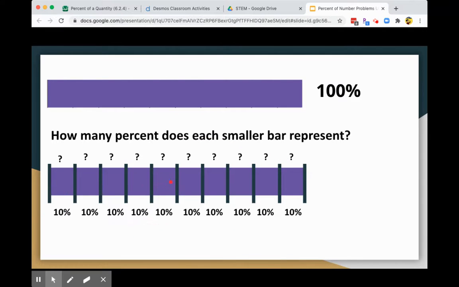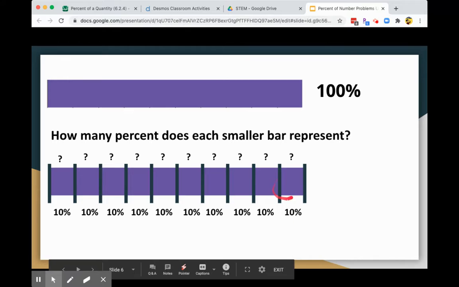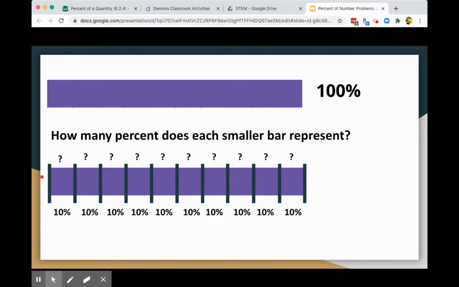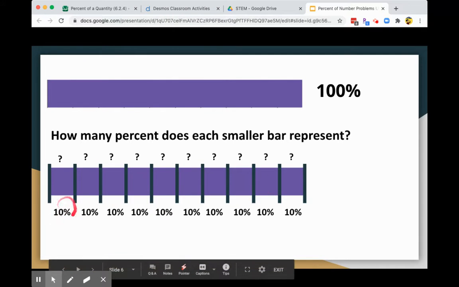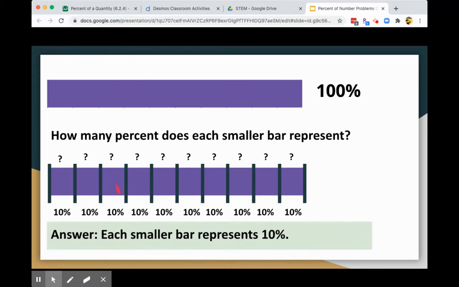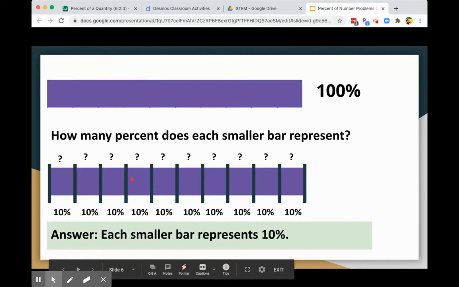Similarly, other people did division. 100 divided by 10 pieces equals 10%. 100 total divided by the 10 pieces equals 10. And so there's a couple ways to get the 10%. Okay. So each smaller bar represents 10%.